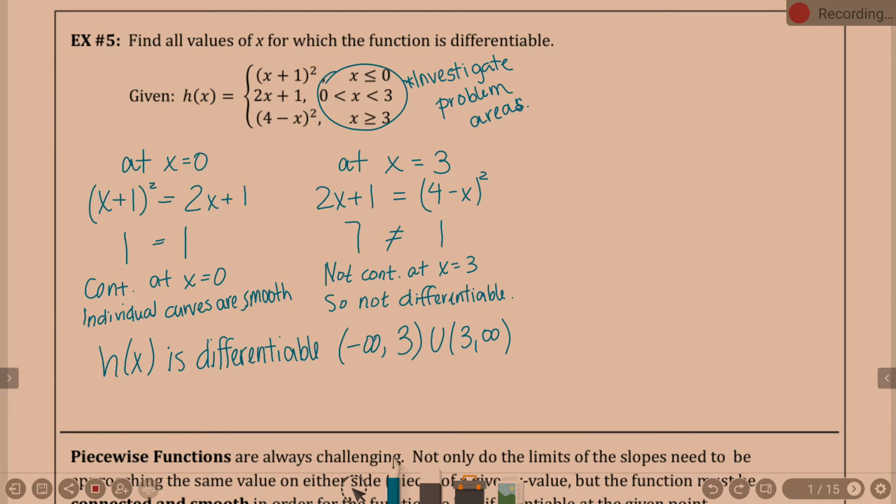So h of x is differentiable negative infinity to 3 and 3 to infinity. And then you can say there is a discontinuity at x equals 3. So not differentiable there.